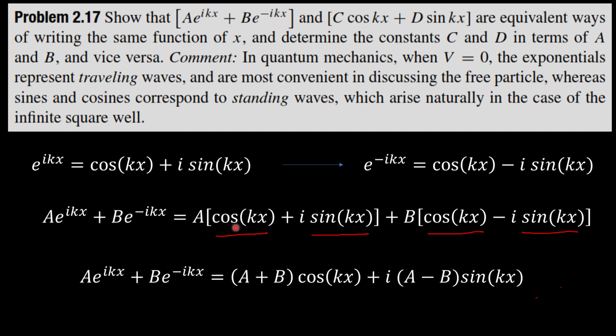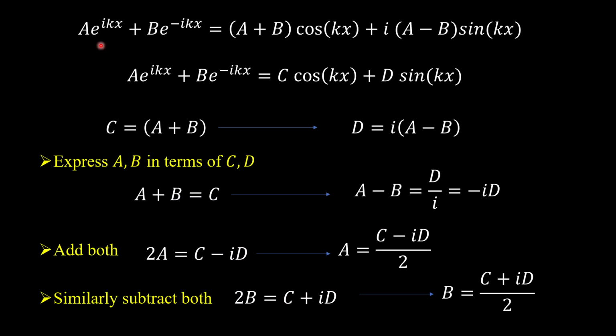You can see this is a times i sin kx, and here it is minus i, so this is minus b sin kx. We will see further now. We got the superposition of these two exponential terms equal to (a plus b) cos kx plus i(a minus b) sin kx.